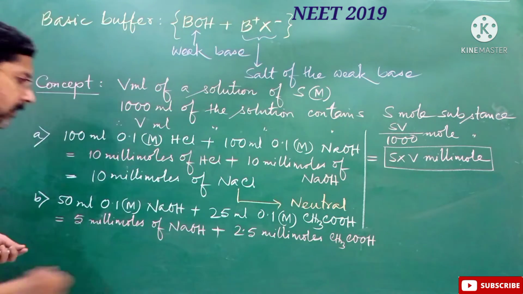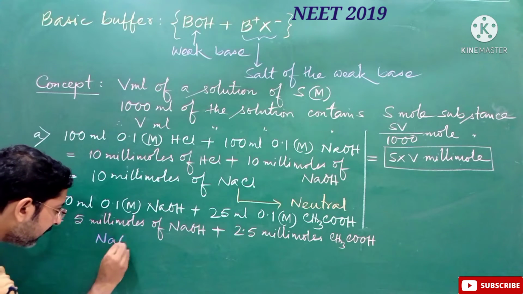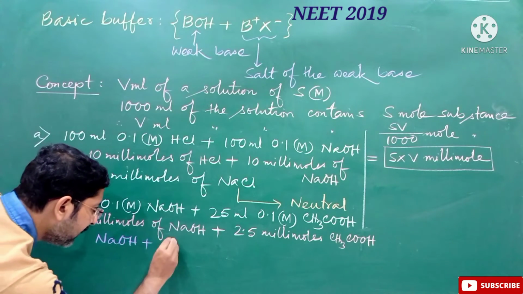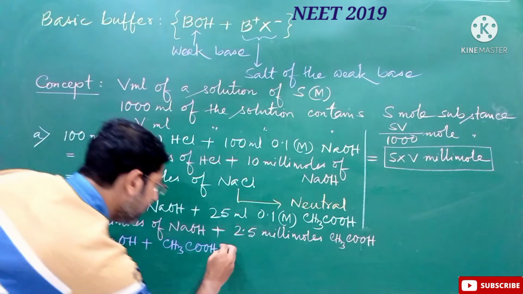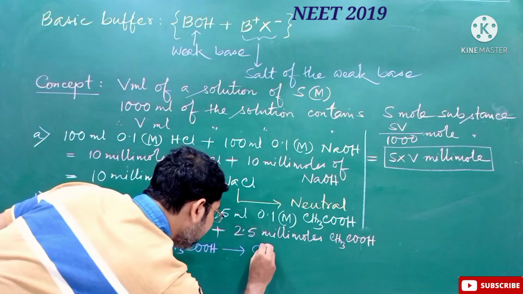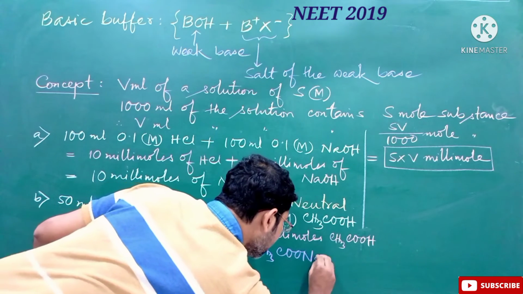Okay. So as we know, sodium hydroxide and acetic acid react together to form sodium acetate. This is CH3COONa plus water.